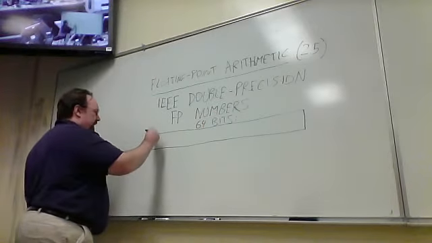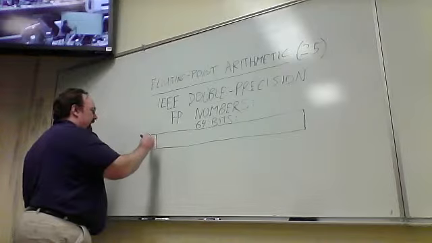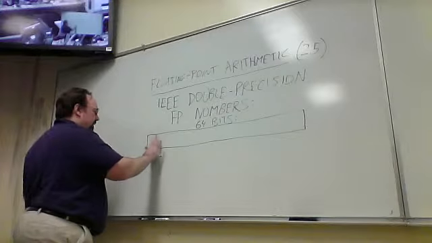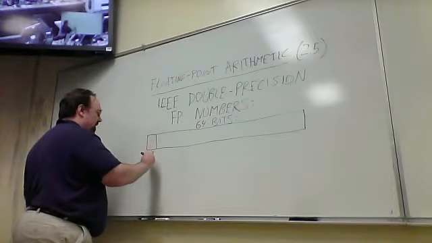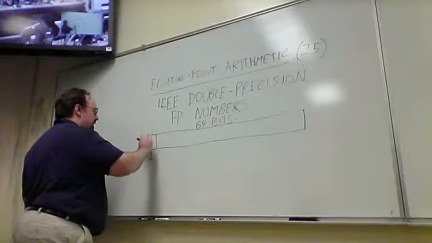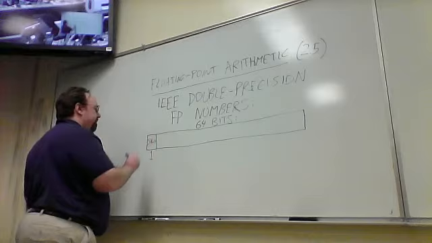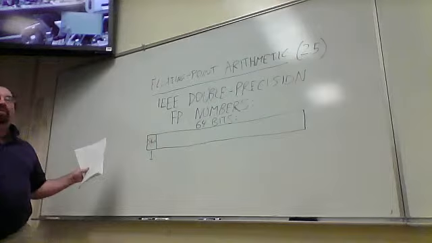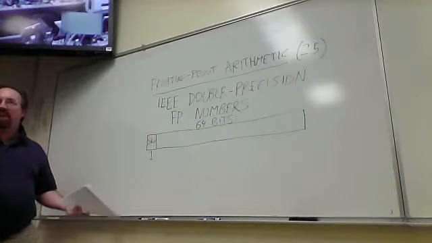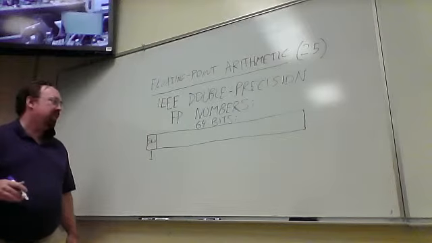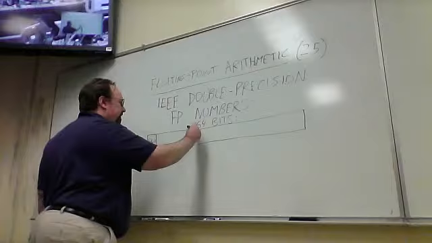How they're divvied up is we have 1 bit that's used for the sign. So 0 means positive, 1 negative. This is binary, so all these bits would be 0, 1.